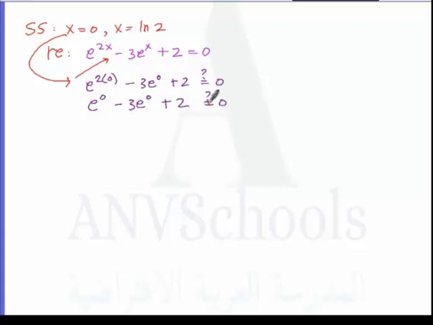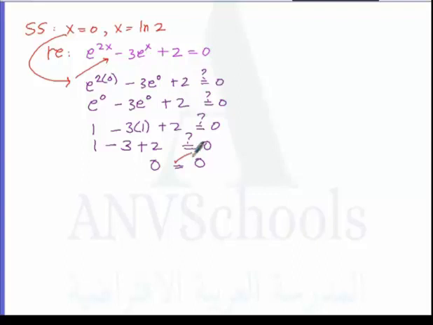Now e raised to 0 is just 1, because anything that is raised to 0 is valued as 1. This other e raised to 0 is again 1. So minus 3 times 1 plus 2, is it equal to 0? Let us see. So 1 minus 3 plus 2, is it equal to 0? Indeed, 0 is equal to 0.